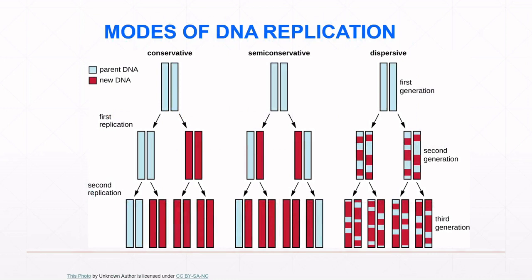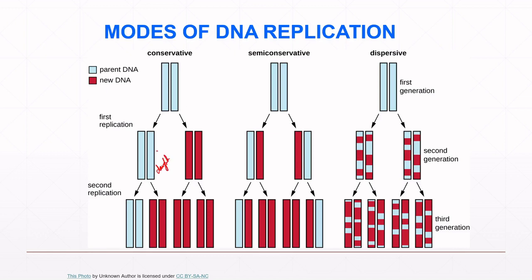Before going into the experiment done by Meselson and Stahl, it is very important to know the different modes of DNA replication. There were three modes of DNA replication that were proposed or hypothesized at that time. They are conservative, semi-conservative, and dispersive. The conservative mode is where the parent DNA is completely conserved in one of the daughter DNAs.